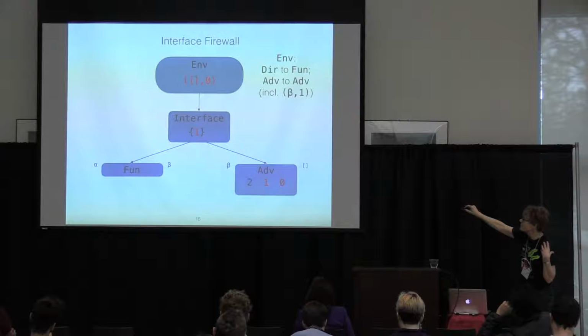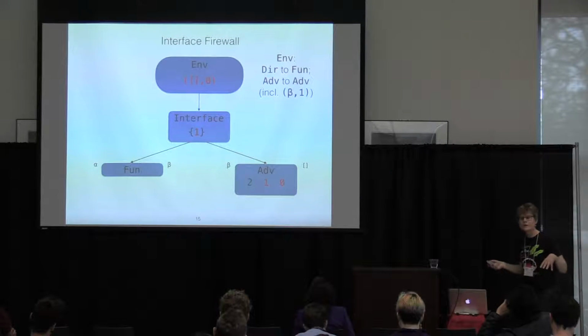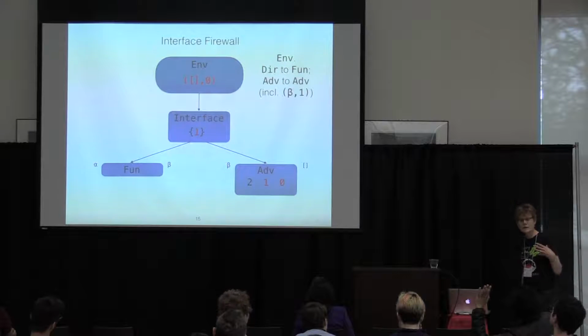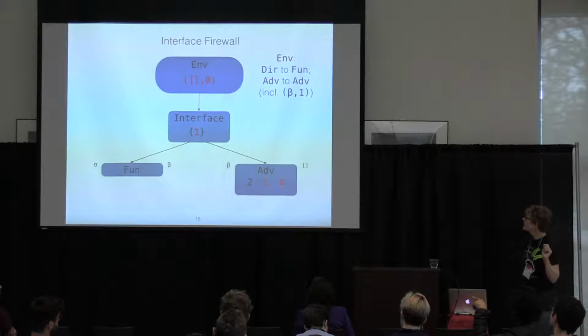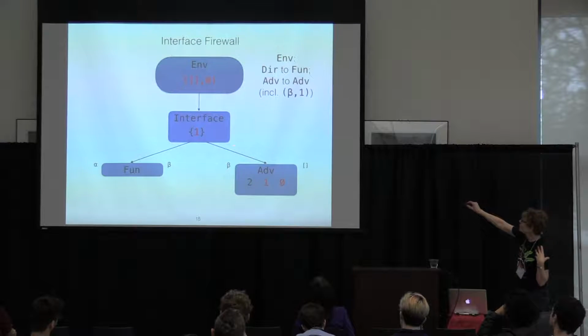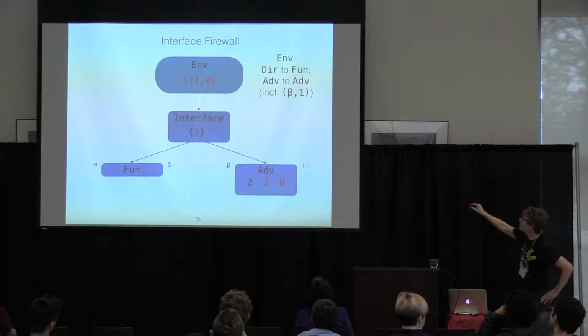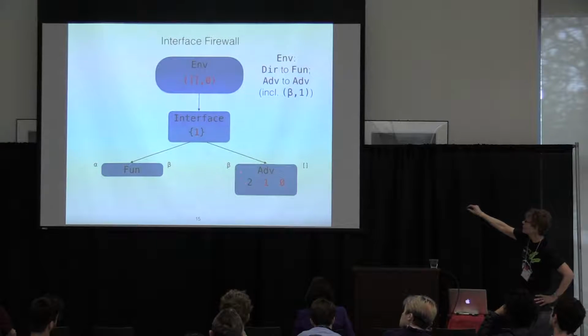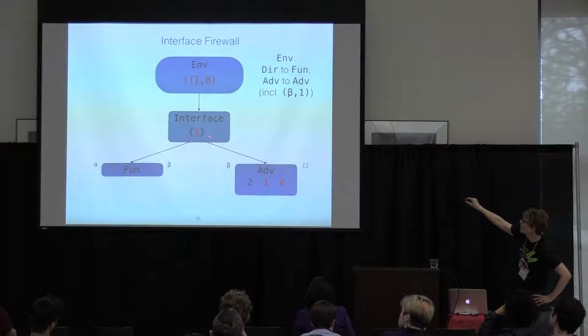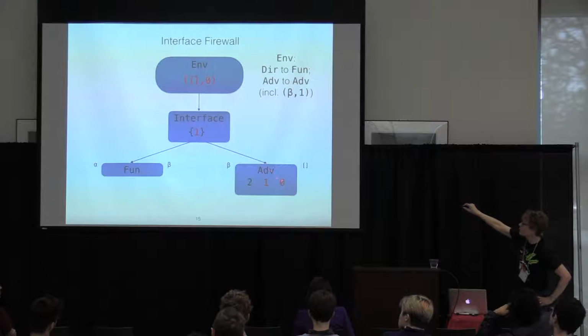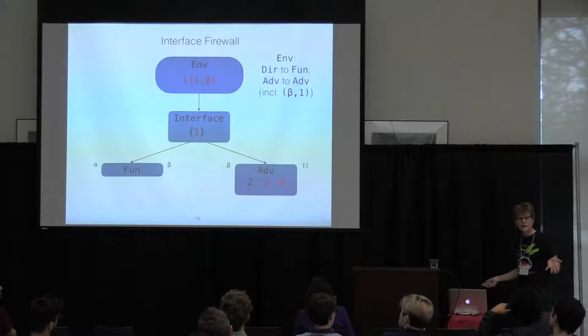But here 1 is being exposed as well. And the reason we might do that is to support composition, as we'll see. So it would be 1 comma beta, but the adversary just has a single address here, and this is meaning port index 1 within the adversary, within beta.